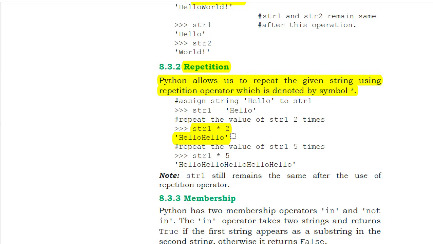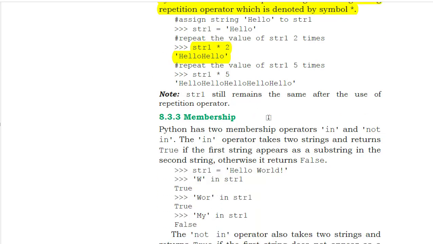We pronounce it as multiplied, because this is the symbol of multiplication, but here it is not actually multiplication. It will display hello 2 times. If here is 3, it will display hello 3 times. To repeat something, we use this symbol. Python allows this.